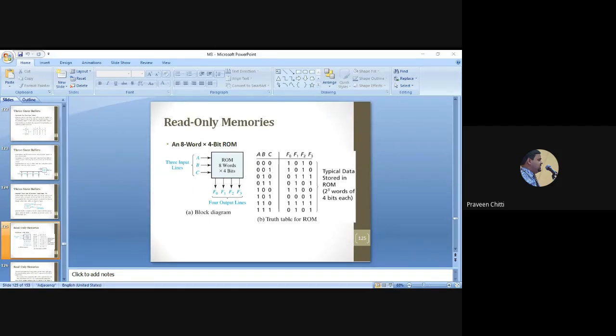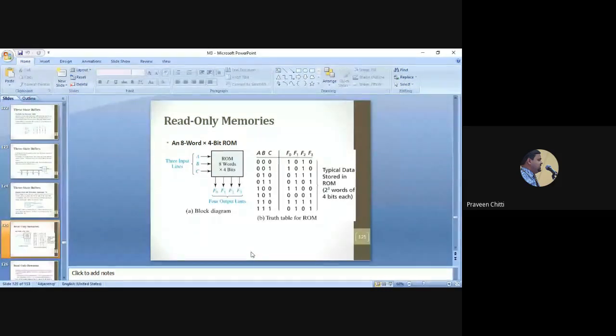Now here in this chapter, we are not going to study in detail how the different types of ROM are constructed, how they store the data, how data is retrieved and all. Our aim here is to use this read-only memory to implement some binary functions or Boolean functions, like how we have seen a decoder can be used to implement Boolean equations, or how a multiplexer can be used.